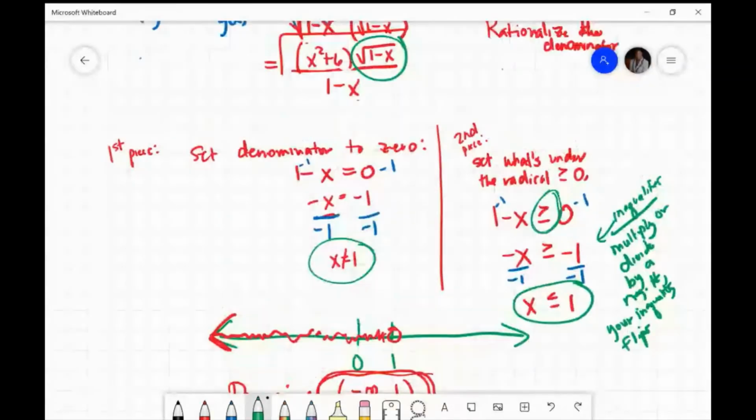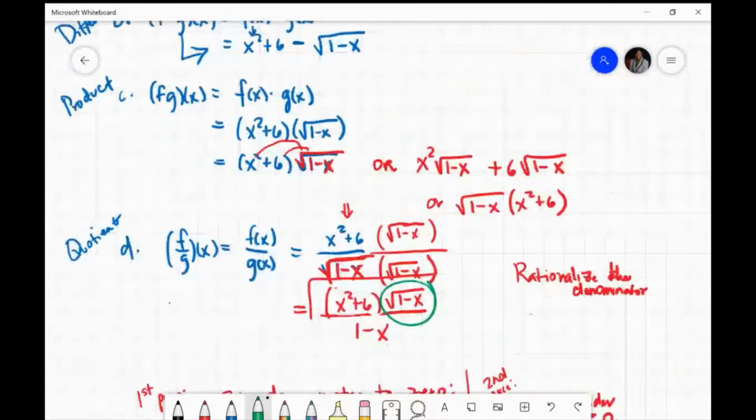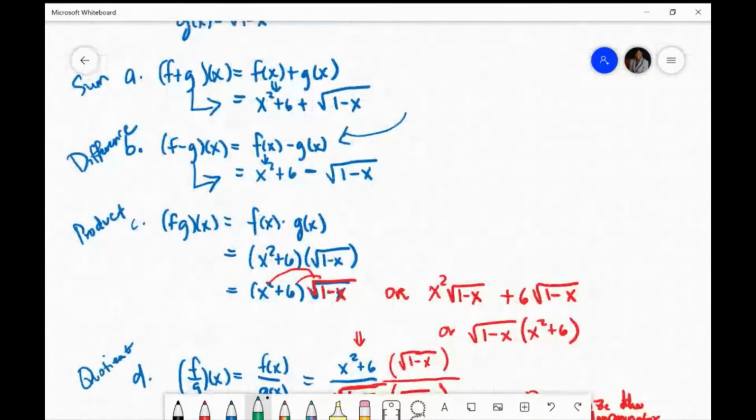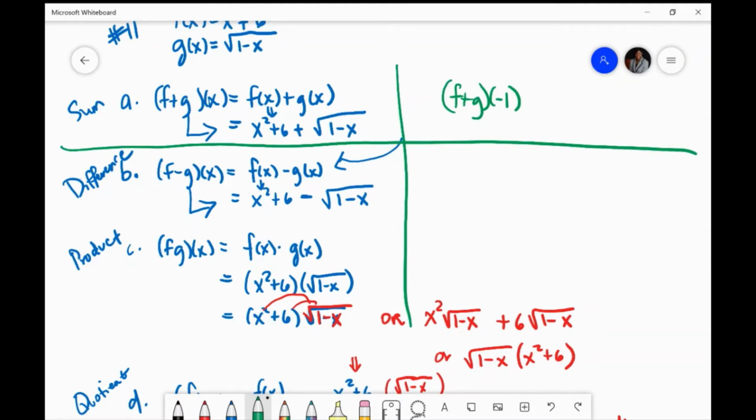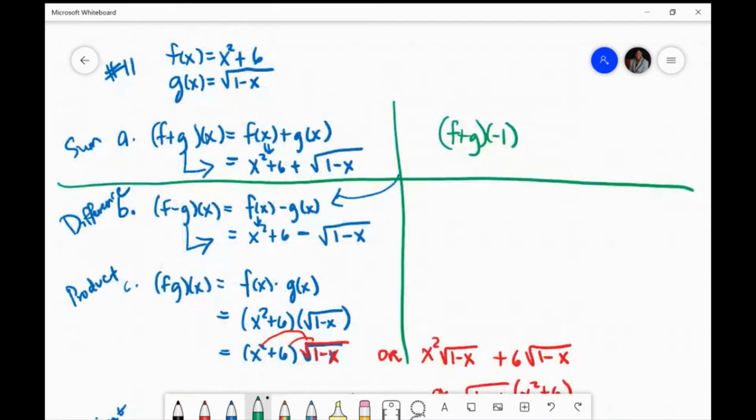Let me just throw a question out here. What is f plus g of -1? What would you do? You just plug in the -1 for the x.